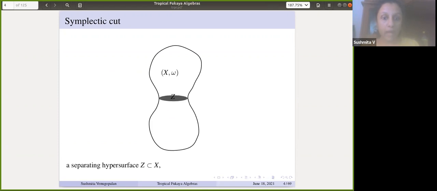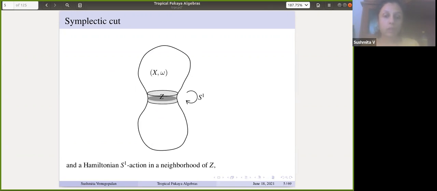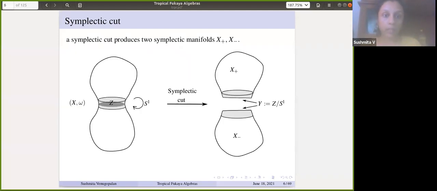So you start with a symplectic manifold and a separating hypersurface, such that there is an S1 Hamiltonian action in the neighborhood of this hypersurface. Then one defines a symplectic cut as follows. You cut open the manifold along the separating hypersurface and then mod out the hypersurface by the S1 action, so that on both sides, this modded out quotient becomes a codimension 2 symplectic submanifold.